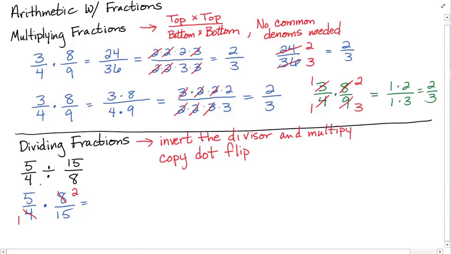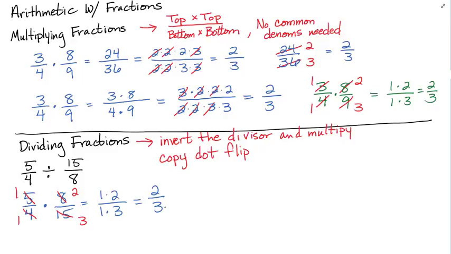Yes, a 5. 5 goes in there once, 5 goes in there 3 times. And now I'm ready to multiply to get a 1 times 2 and a 1 times 3. And after a couple times you stop writing the 1s, but remember they are there. And we get a 2/3. Just so happens that's the same answer as we got before. But that's how we divide fractions.